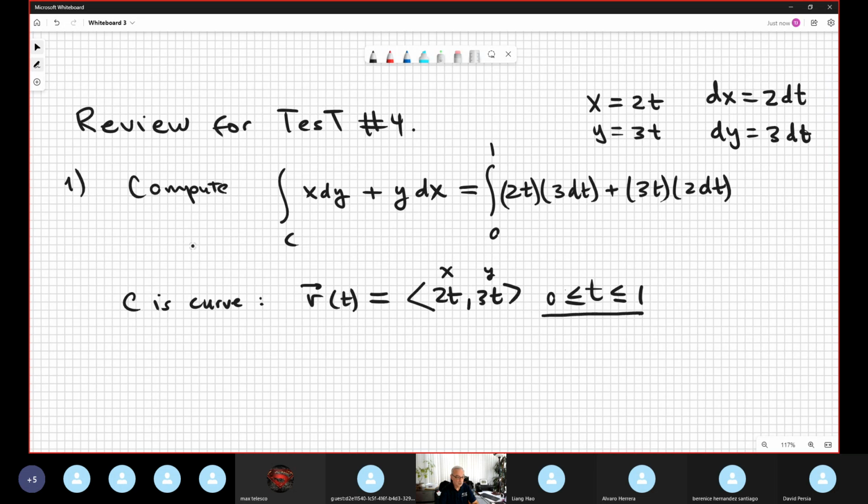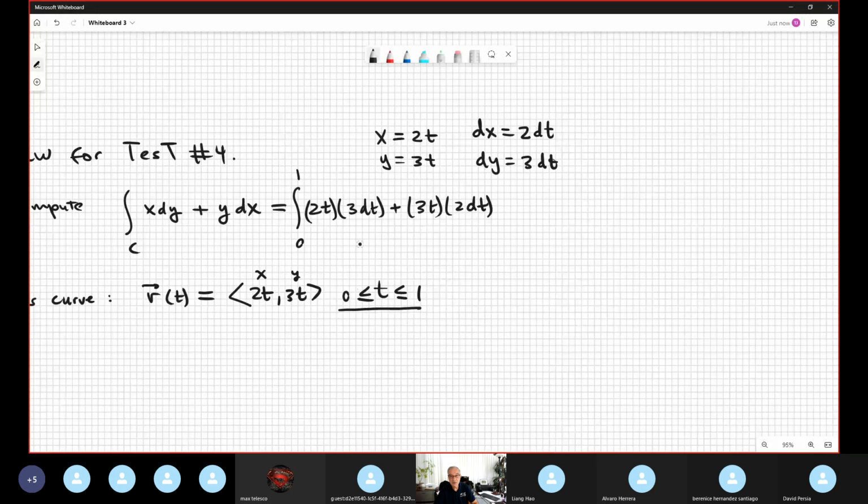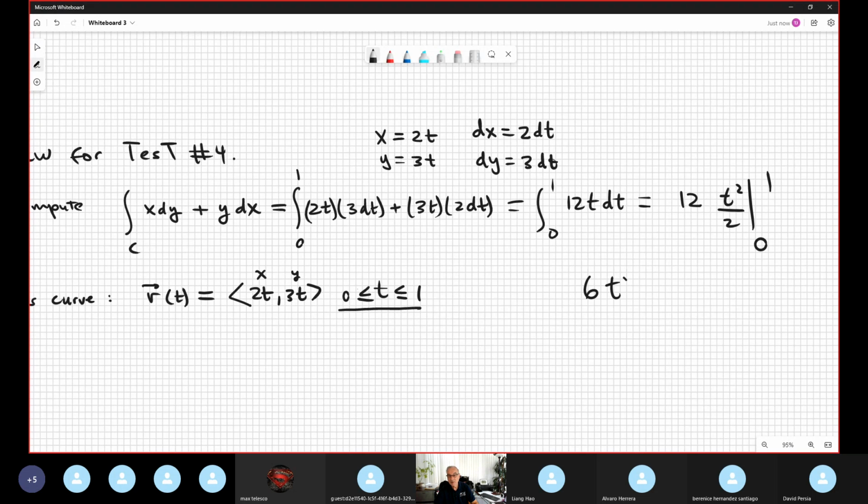So this is 6t and 6t, it's 12t dt. The integration is 12t squared over 2, evaluated between 0 and 1. Well, this is actually 6t squared, evaluated between 0 and 1. It's obviously 6, the answer, because 0 is 0. Easy or no?